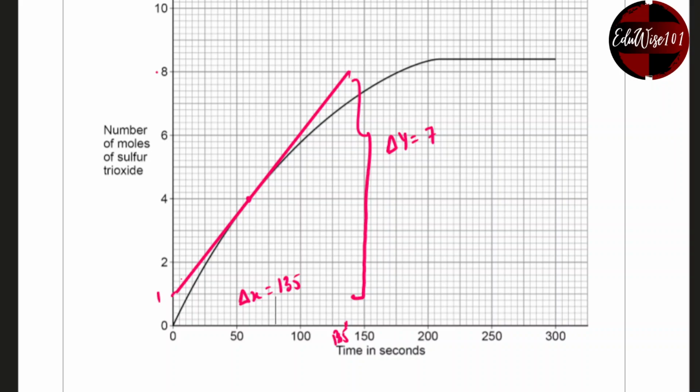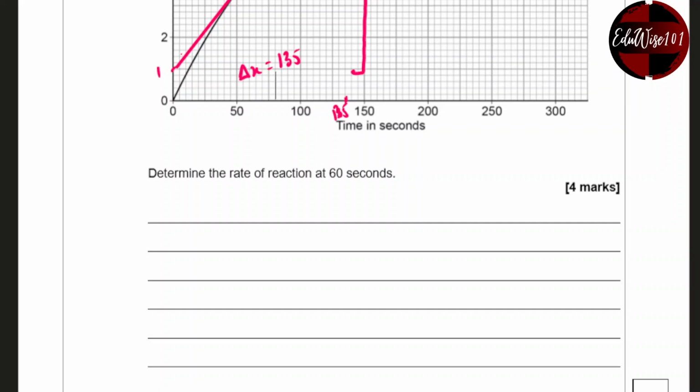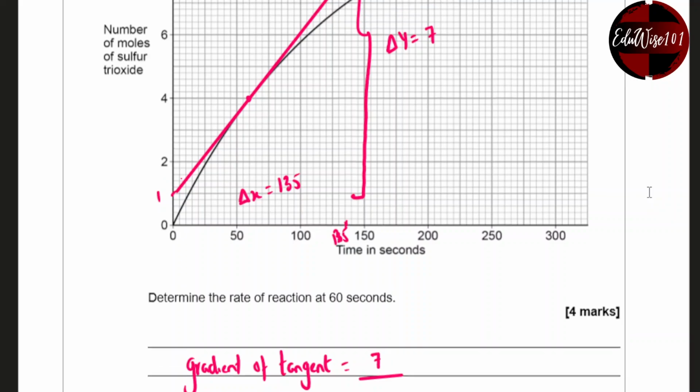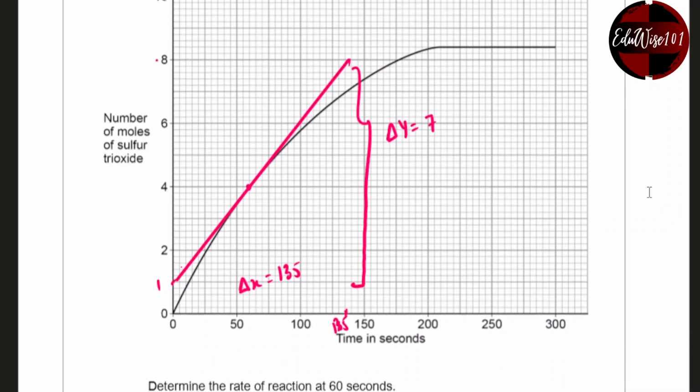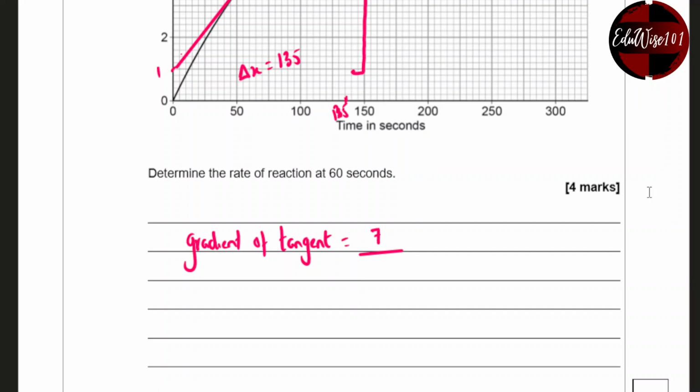So using those values, the gradient of the tangent equals the y value, 7 moles, divided by, let's double check that again, yes, 7 divided by 135 seconds.